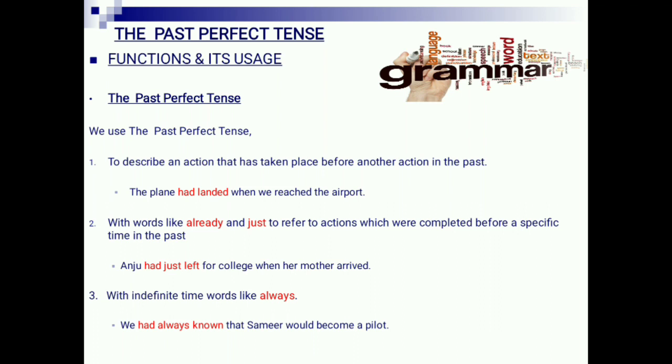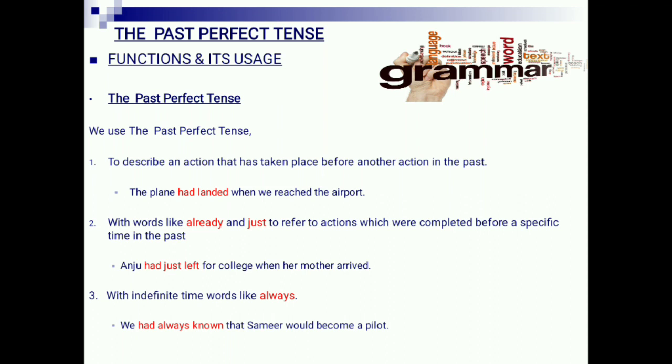So the action has been completed at a specific time, but it should be in the past. See the example. Anju had just left for college when her mother arrived. So Anju had just left. When her mother arrived.